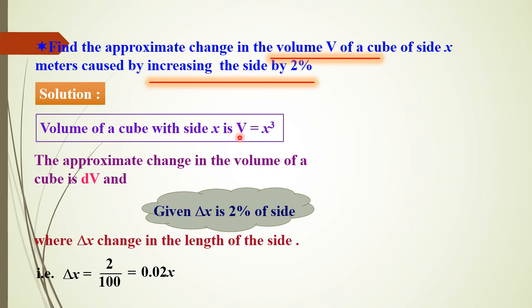Differentiate V with respect to x: dV by dx equal to 3x square. So delta V equal to 3x square into delta x. When the side increases by 2%, delta x equal to 2% into x, which is 2 divided by 100 into x, so 0.02 into x.